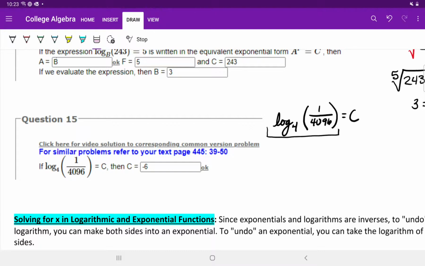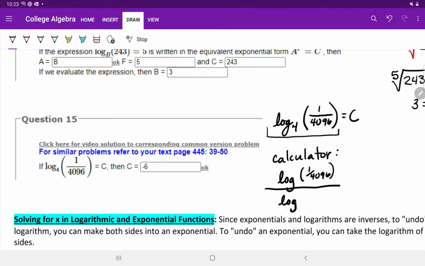It's pretty strange the way you have to punch them into your calculator. We would plug in log of 1 over 4096 divided by log of 4. That's how you punch this into your calculator.